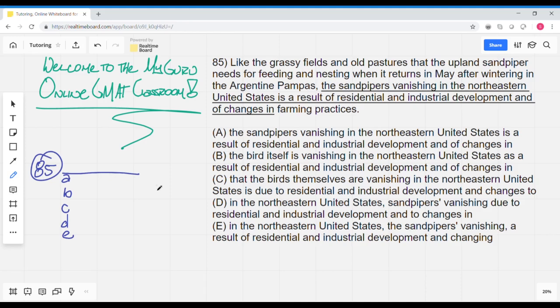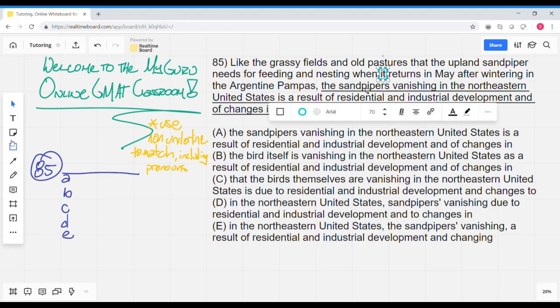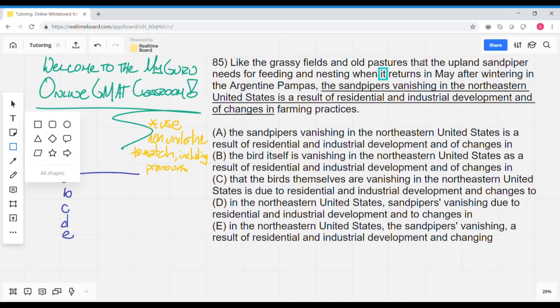Now, it's subtle, but you always want to use the non-underlined portion as your answer key. And that includes pronouns, because the pronouns themselves, if they're defined as correct by not being underlined, can really give you insights into the problem. So we are told about it returning in May, and this "it" has to refer to the singular bird, the upland sandpiper, because it's not underlined.